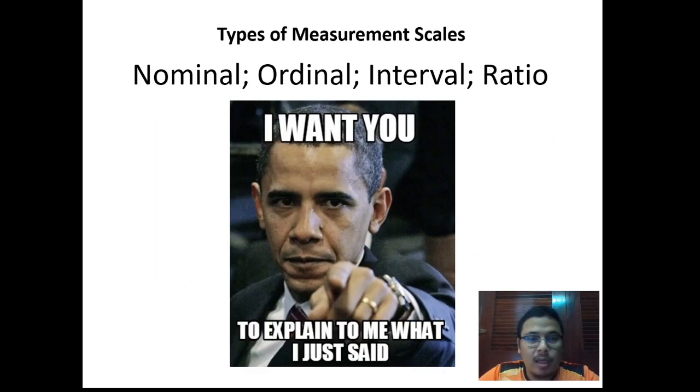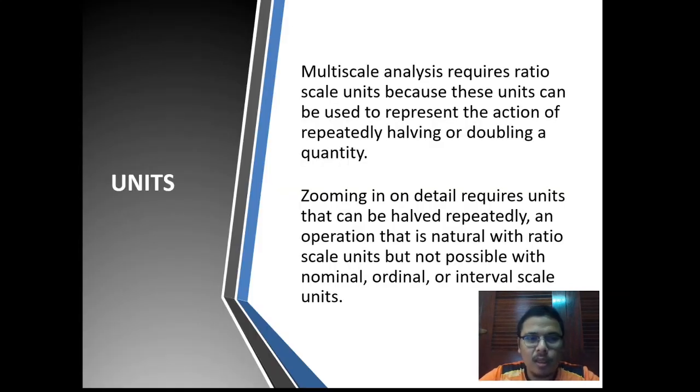Okay, I think you already learned about the types of measurement scales, which are the nominal, ordinal, interval, and ratio scales. You already learned this in a biostatistics class. Please refer to your old notes to refresh your memory. Next is units. Units on a ratio type of scale are the basis for scaling.